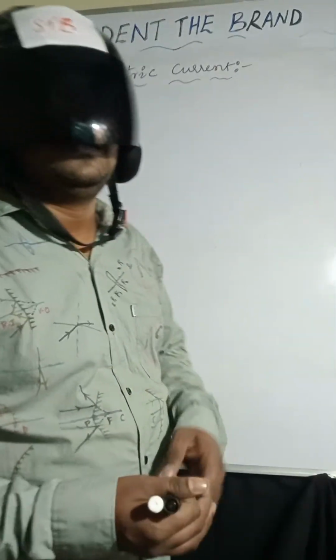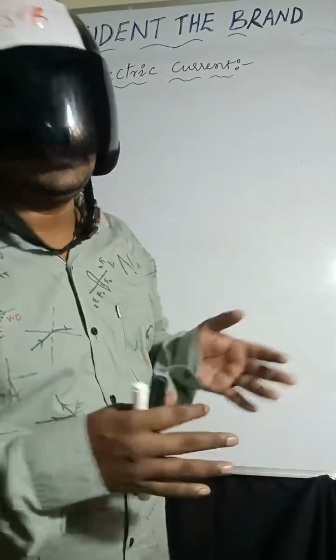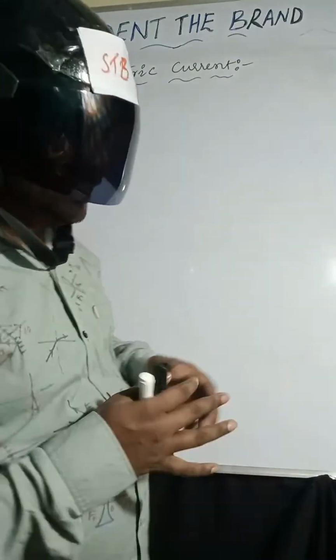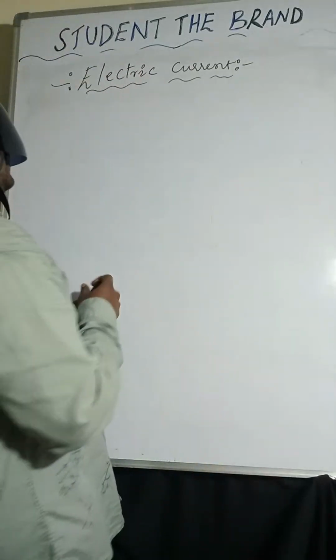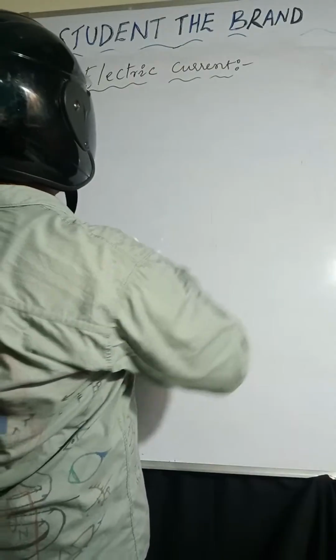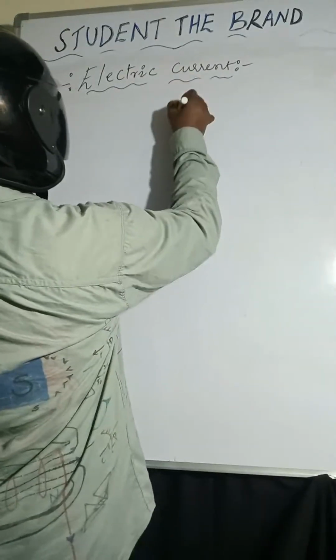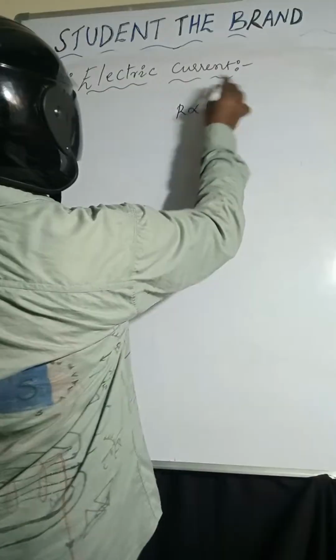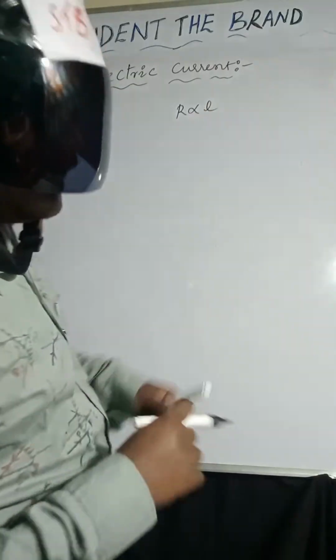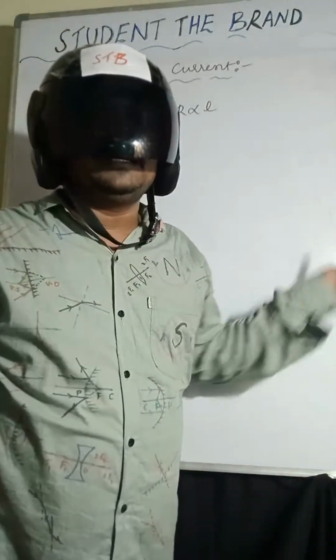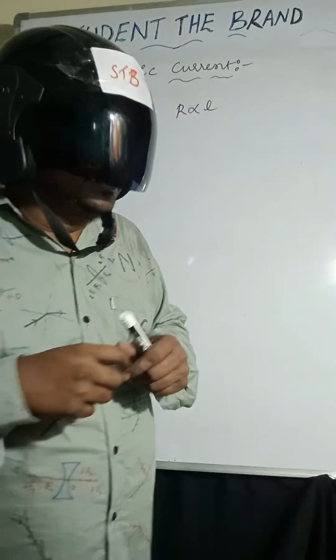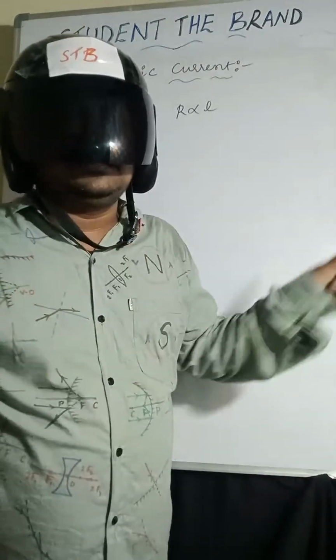Here you can see resistance is directly proportional to the length of the conductor. As length increases, resistance automatically increases.